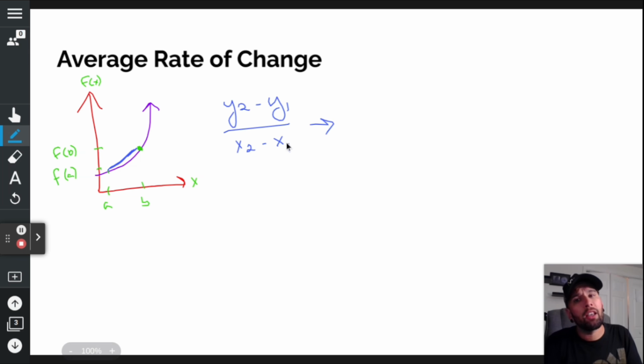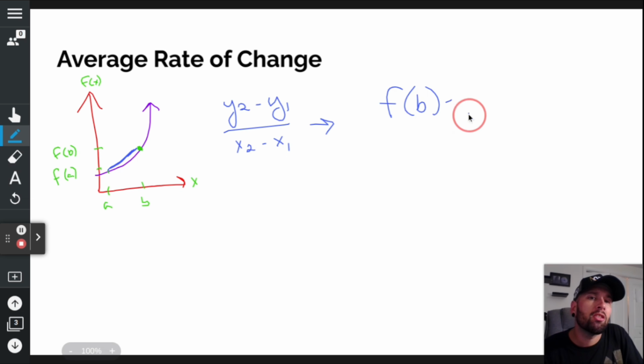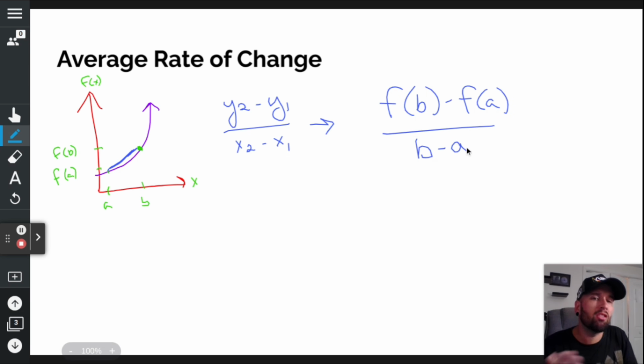Instead of x sub 1, y sub 1, we use the point A, f of A. And instead of x sub 2, y sub 2, we use the point B, f of B. So to find the rise over run here, I would do f of B minus f of A over B minus A. It's the exact same thing as the slope formula, but more AP Precalculus-y.